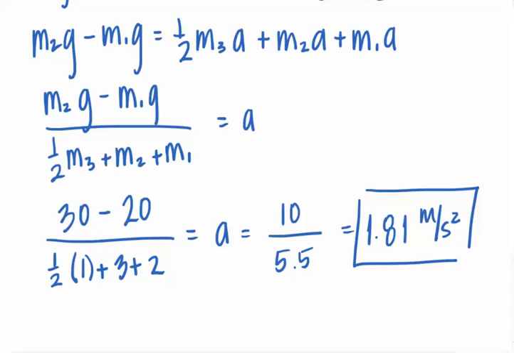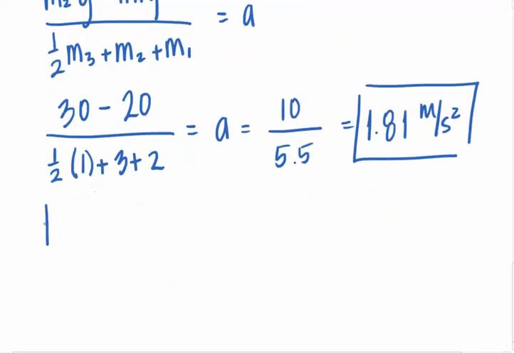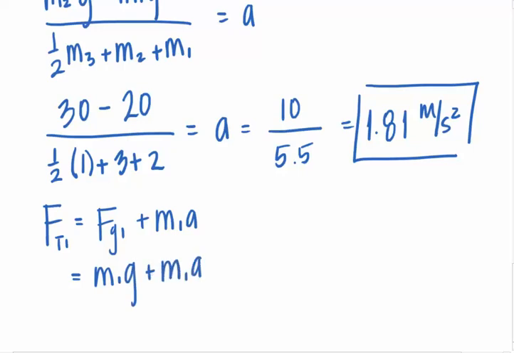How are we going to find the tension now? We got to plug it in. So then FT1 would have been FG1 plus M1A. Was that correct from up there? So that's M1G plus M1A.